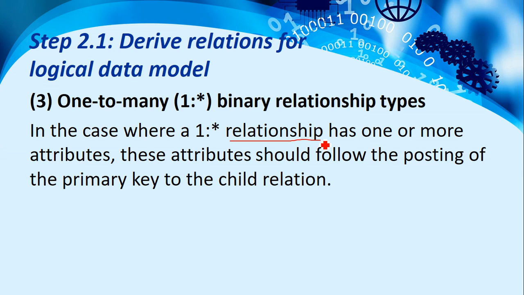It's not only entities that can have attributes; relationships can have attributes too. So that's what it means. If that's the case, these attributes should follow the posting of the primary key to the child. Basically, the attributes of the relationship are only placed in the child relation.